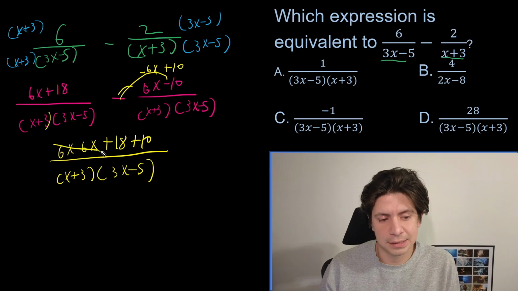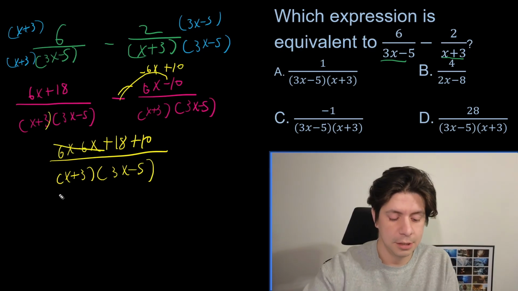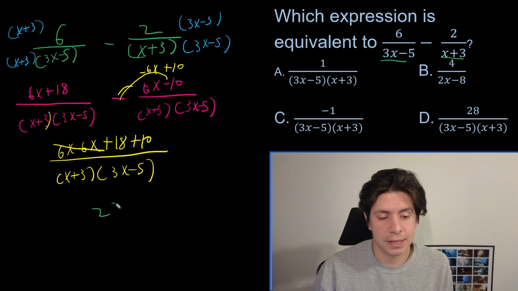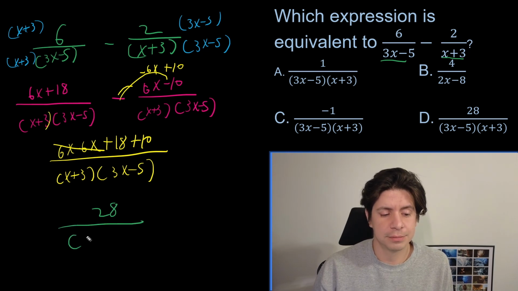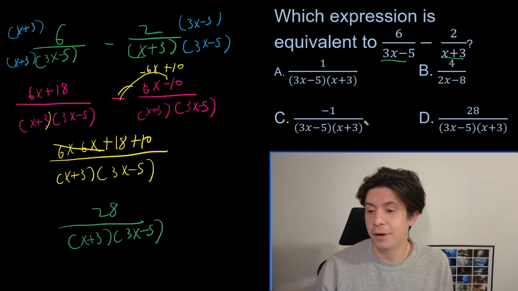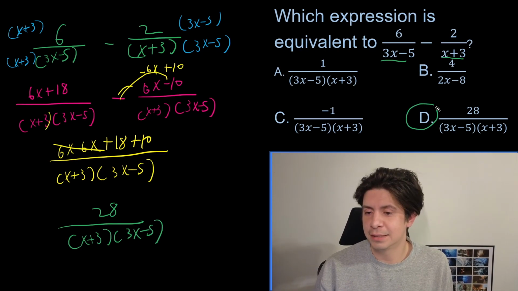And the 6x's cancel. So on top we get 18 plus 10, 28, all over x plus 3, 3x minus 5. You wouldn't have to write this at this point. You could just press the answer and move on, because we got 28, and that is D.